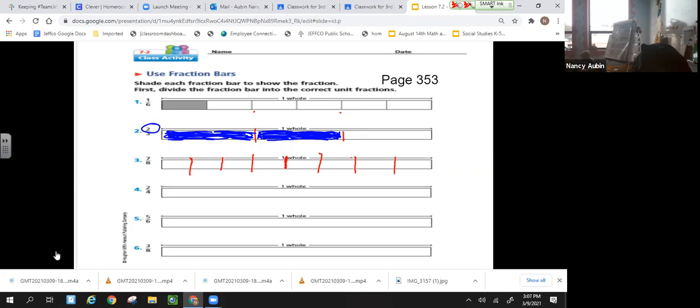Give me a thumbs up when you think you have yours divided into 8ths. I see a lot of people got it. Now, what is the next part, Madison? I have to shade. I want you to listen and watch. We have to shade 7 of them. So watch, so you know what to do, Cooper.